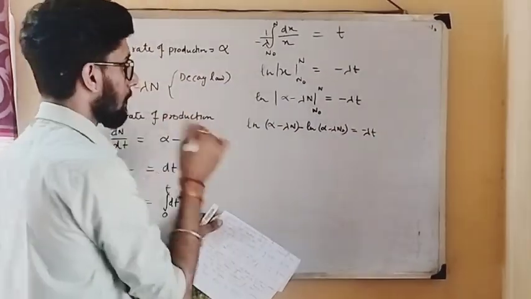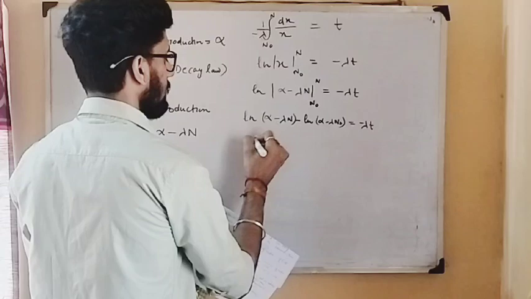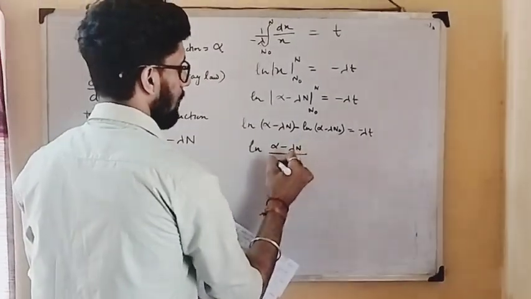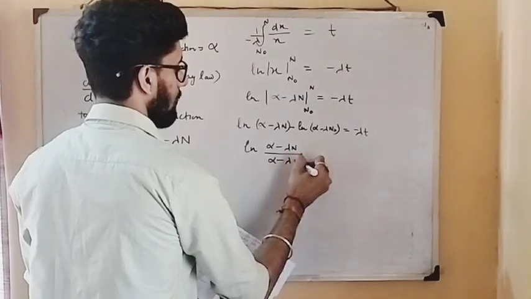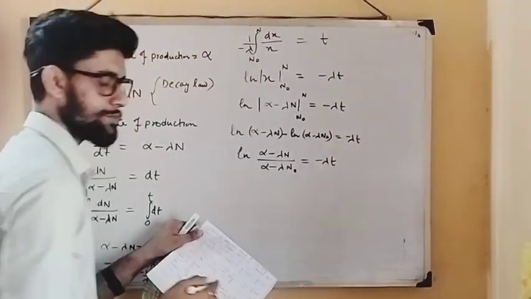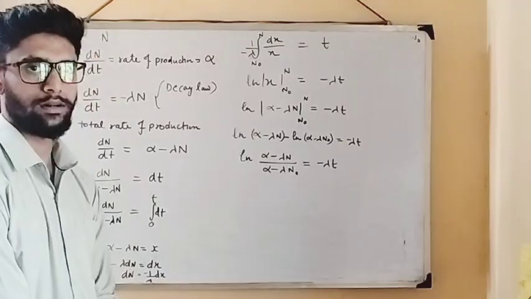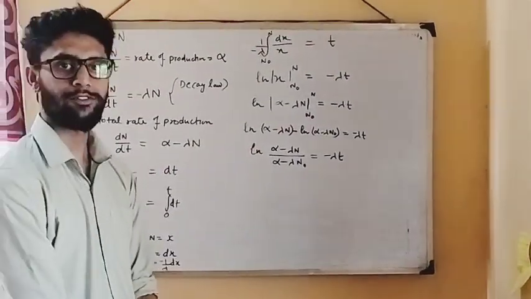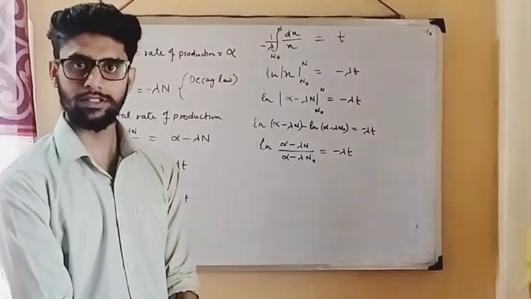So from here, what do we get? Log m minus log n can be written as natural log of alpha minus lambda n upon alpha minus lambda n naught is equal to minus lambda t. Since we want to find the nuclei at time t, we have to omit this log, and for omitting log, we take exponential on both sides.